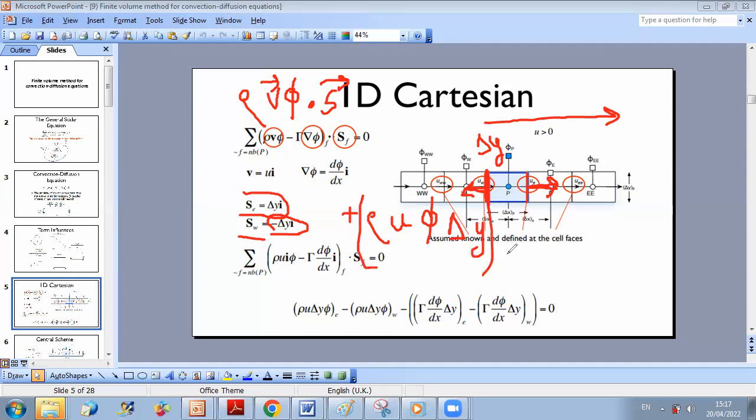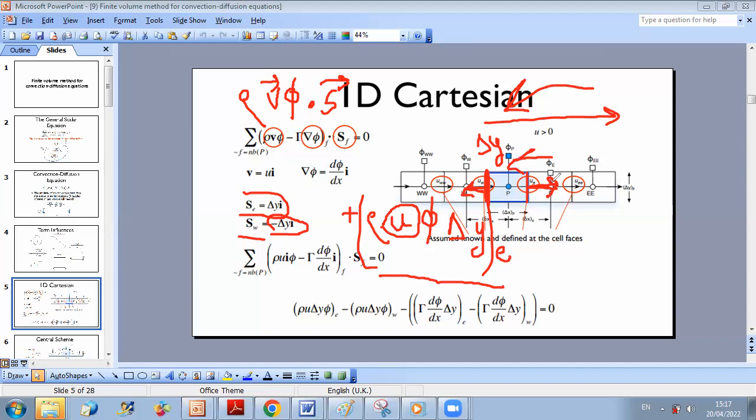This is the convective flux getting out from the domain at east. Of course, this is for positive u. If u is negative, then it becomes a flux in. So automatically it flips sign, because if u is in the other direction, then the flux will come into the control volume instead of getting out. So this expression is valid for any case, for u positive or negative.